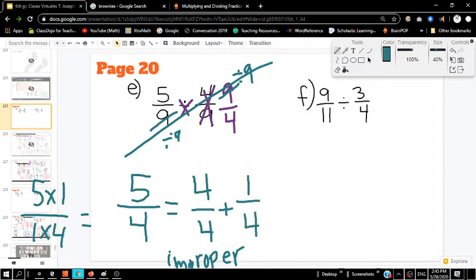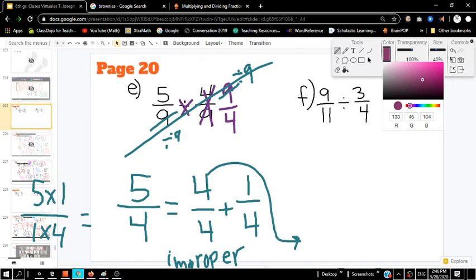I know that because 5 equals 4 plus 1. Now this right here converts into a whole number. I can change that to 1, and this just stays the same, 1/4. So our final answer for letter E is 1 and 1/4.